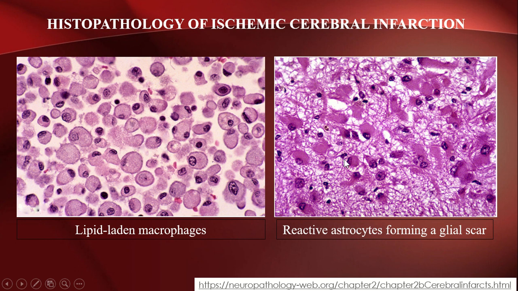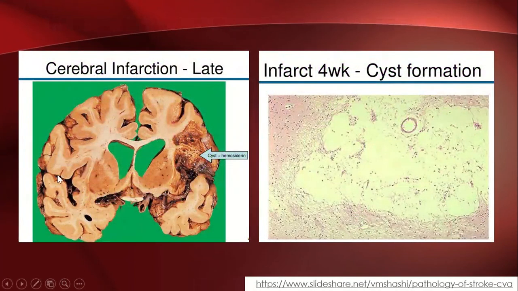And here you see the glial scar, the reactive astrocytes that form the glial scar in the brain. In the late cerebral infarct, here you see the cyst formation with hemosiderin, and microscopically you see the cyst formation, with the brain tissue and the lumen of the cyst.